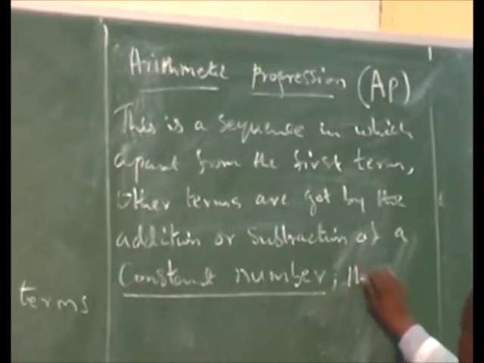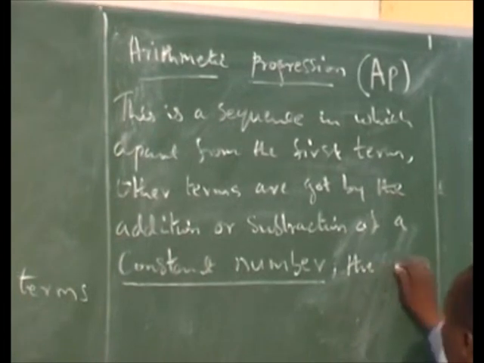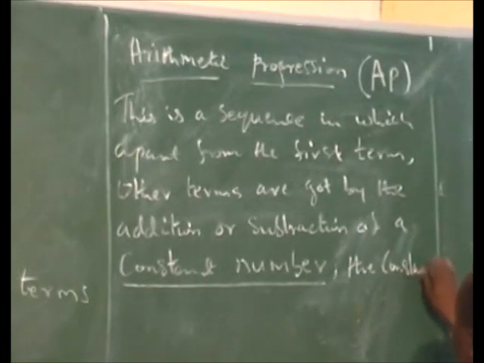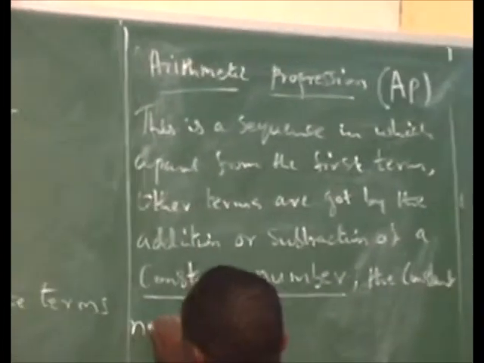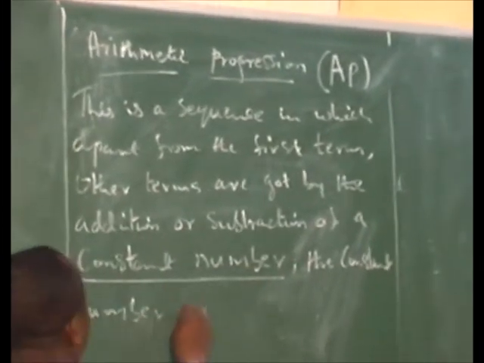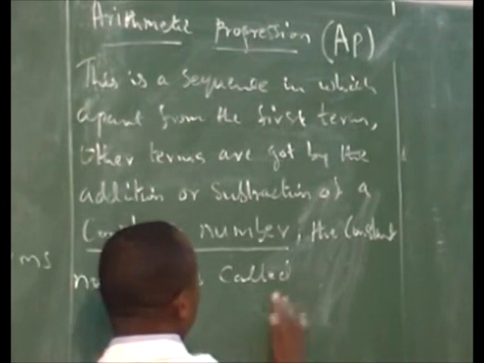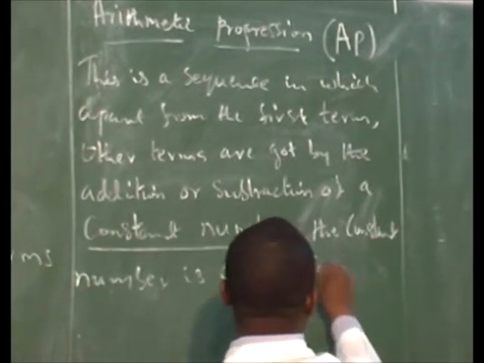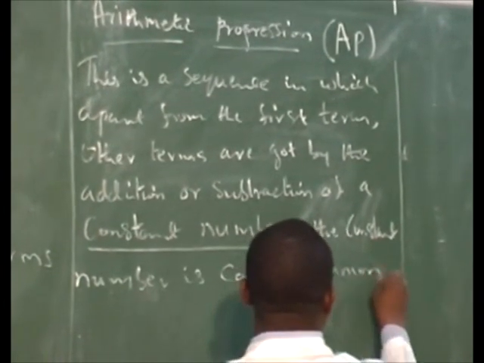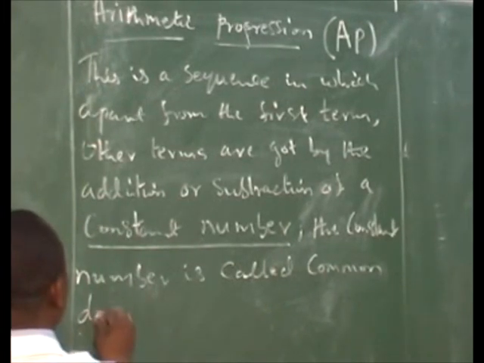The constant number is called common difference.